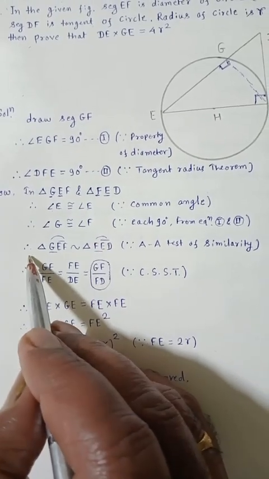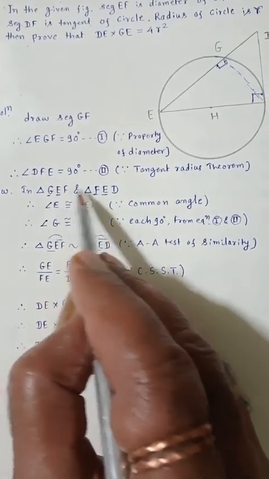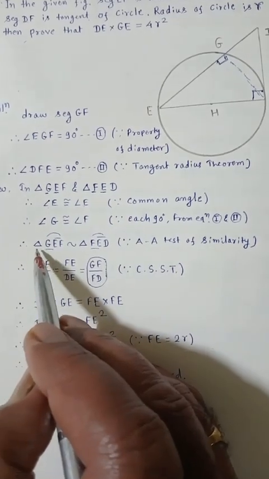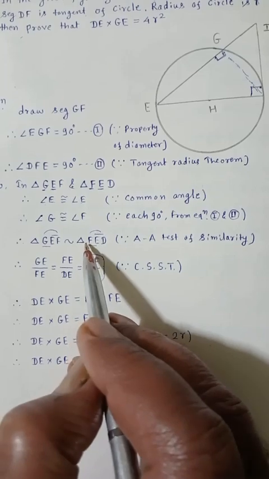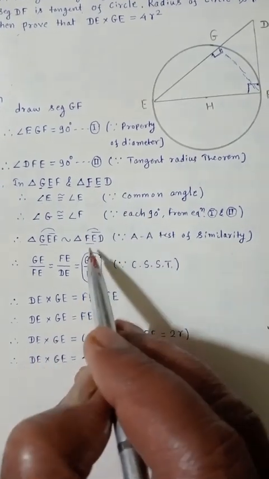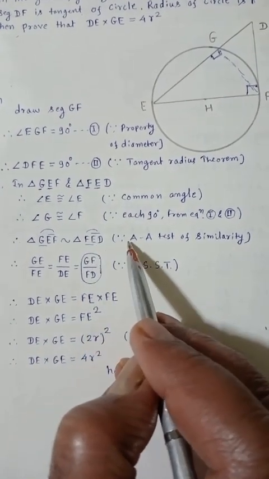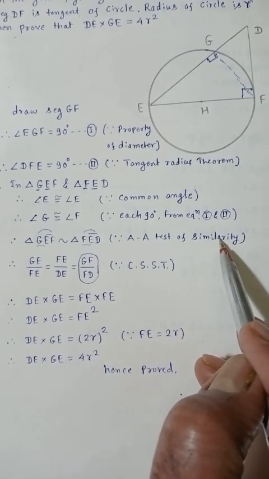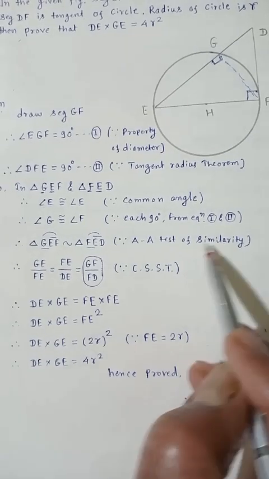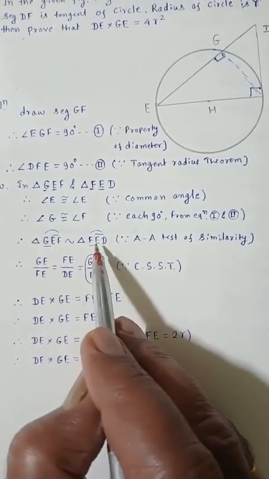Therefore, these two triangles are similar. Therefore, triangle GEF is similar to triangle FED. Reason is AA test of similarity.